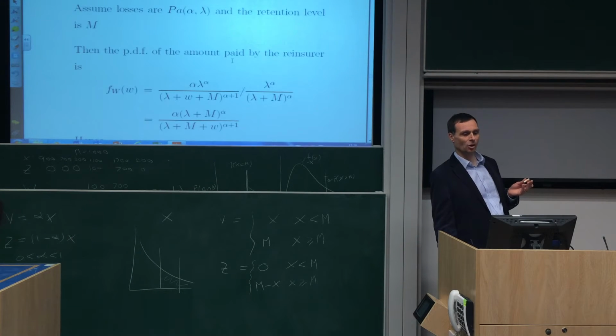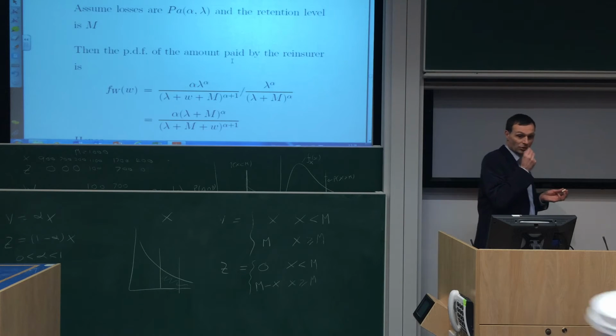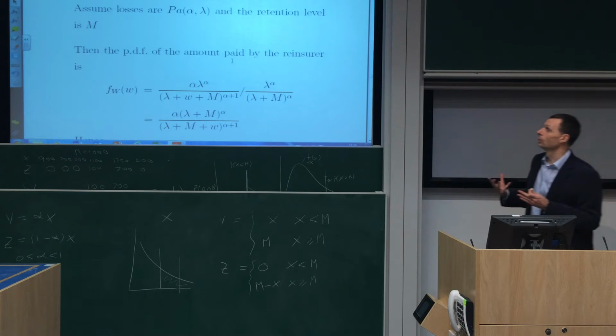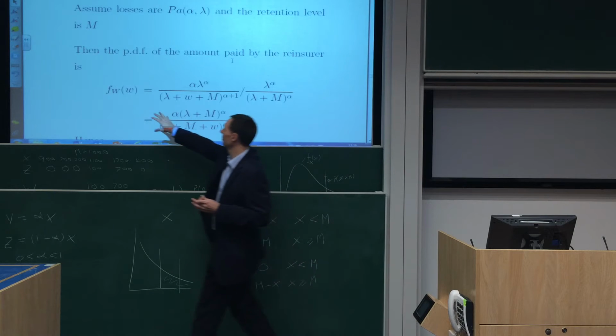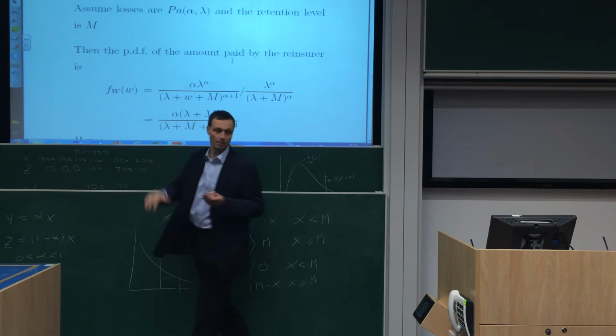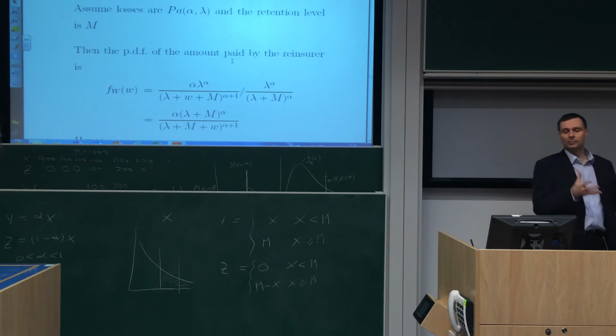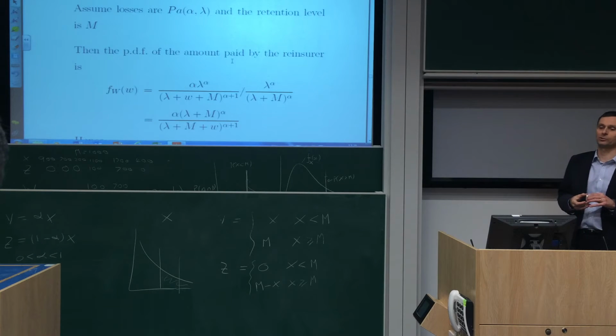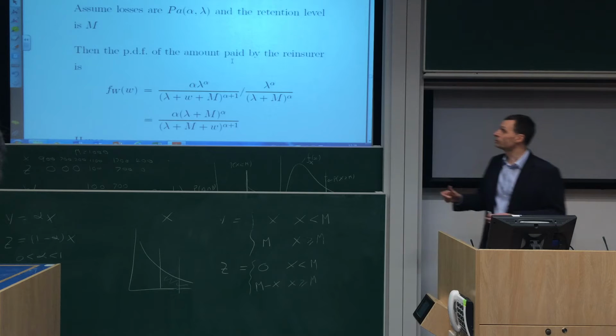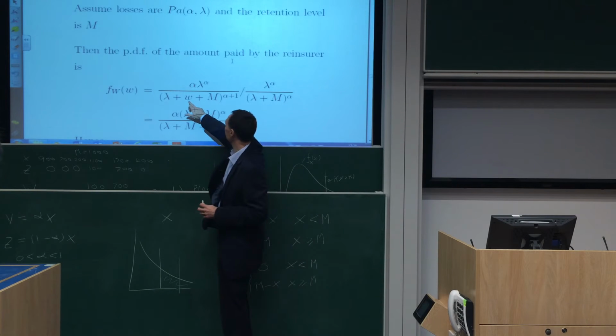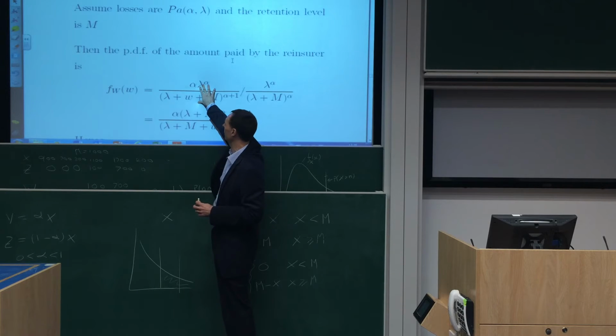So let's look at our other example, which was the Pareto. There's nothing to say when you start this what you're going to end up with, but here we do end up with a Pareto, but it's not the same Pareto, because we wouldn't expect it to be memoryless, or it can't be memoryless. So just to point out, this is the PDF of the Pareto evaluated at w plus m, which was the thing on the top.